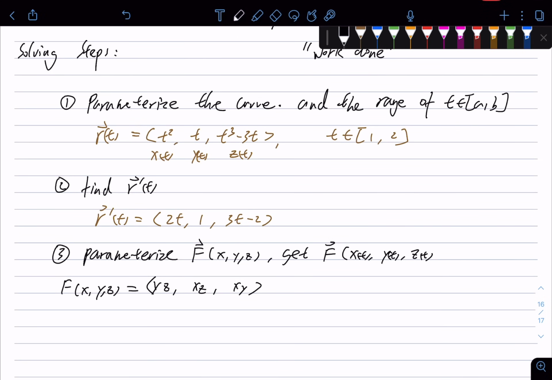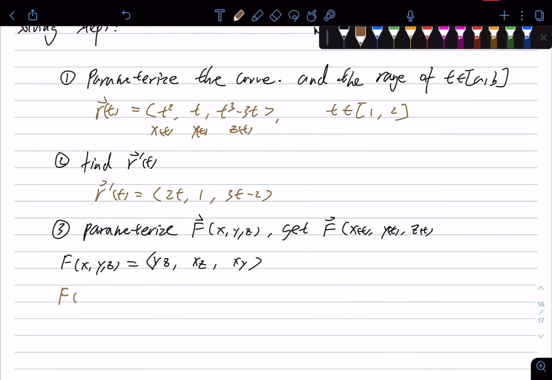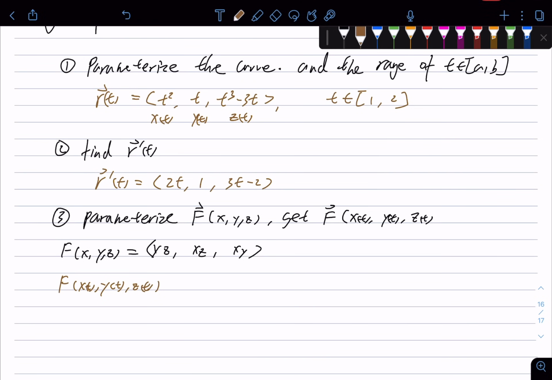And then if you follow our parameterization, F of x of t, y of t, z of t is gonna be equal to t cubed minus 2t, t squared, t cubed minus 2t, t squared minus t.